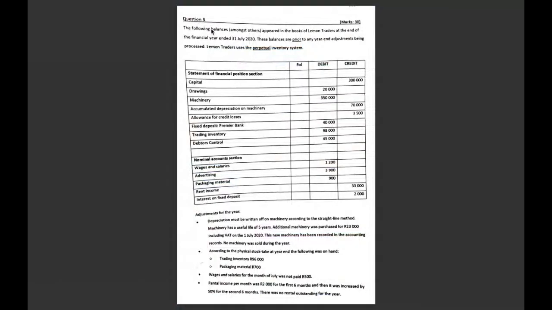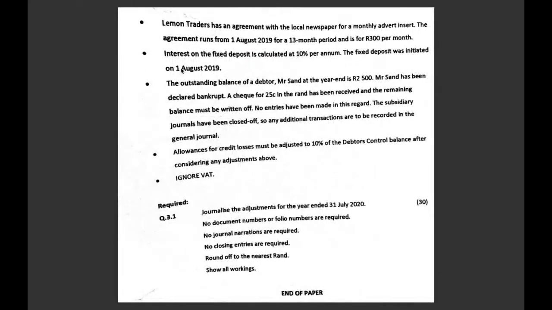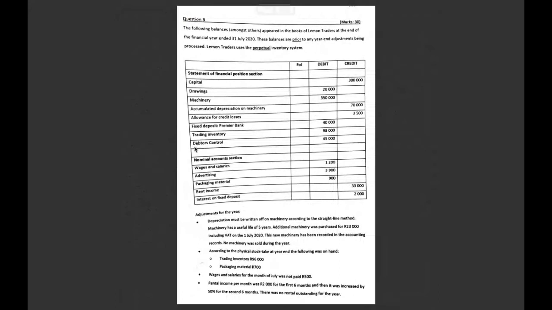So guys, the next time I see you, please ask me for your papers. Then it says interest on fixed deposit is calculated at 10% per annum. The fixed deposit was initiated 1st of August 2019, so the beginning of our financial year.